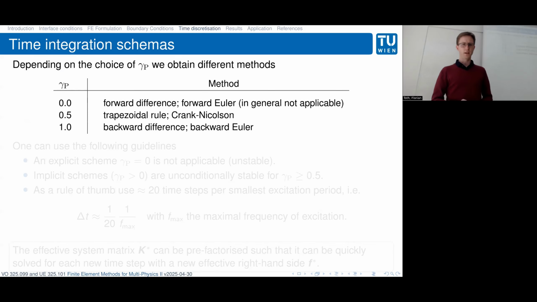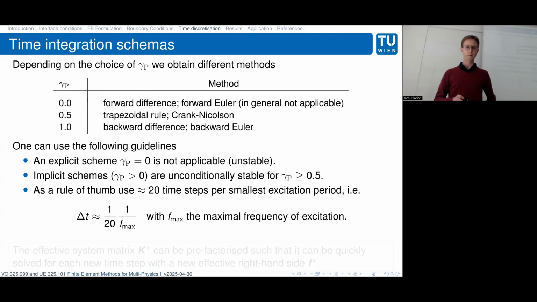Yeah, so there are some specific choices for gamma p. So 0 would be forward differences, so explicit forward Euler, which is in general not stable, or at least not unconditionally stable, which is what we want. 0.5 will give us a Crank-Nicolson scheme, also called the trapezoidal rule. And 1 will give us a standard backward Euler scheme.